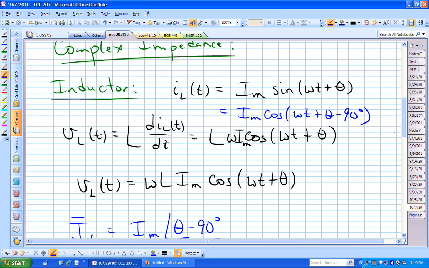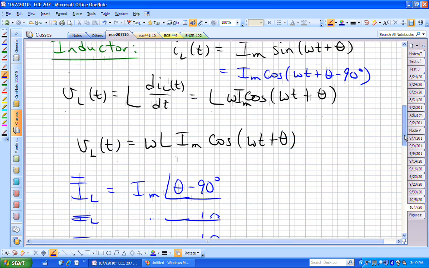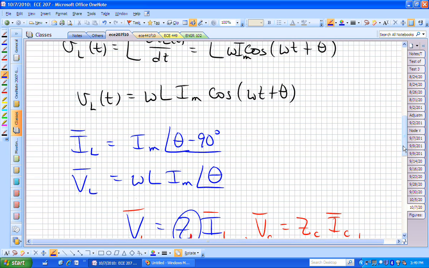Living with that selection gave me a cosine for the voltage, meaning the current and the voltage are how far apart? Pi over 2. Does that make any sense? Which one is where? How are the current and voltage related in this inductor?